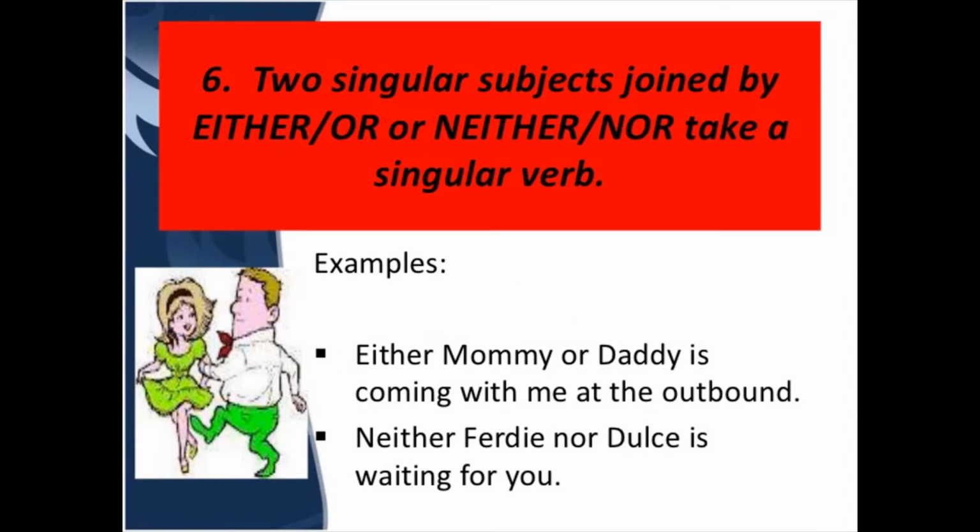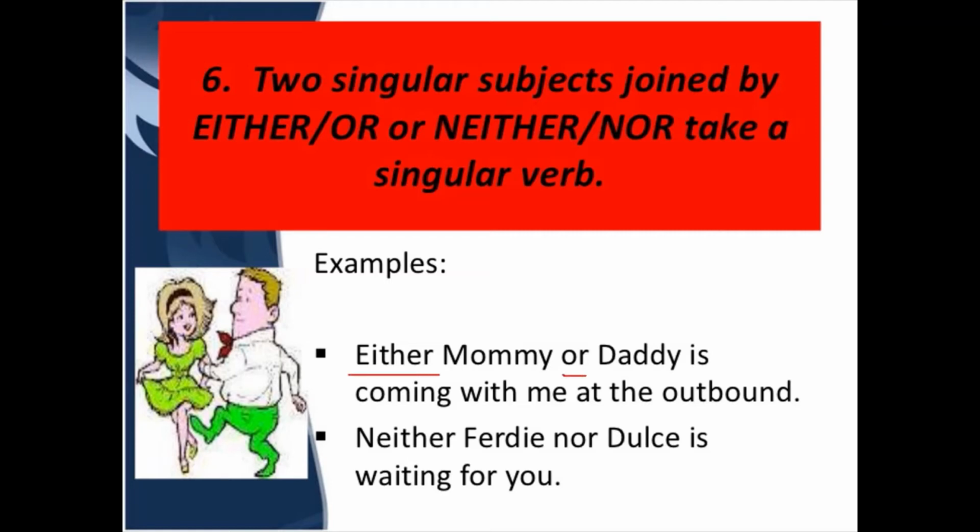Rule number 6. Two singular subjects joined by either or neither nor take singular verbs. Examples: Either mommy or daddy is coming with me at the outbound. Neither Ferdy nor Dulce is waiting for you. So in the first example, there are two singular subjects connected by either or.